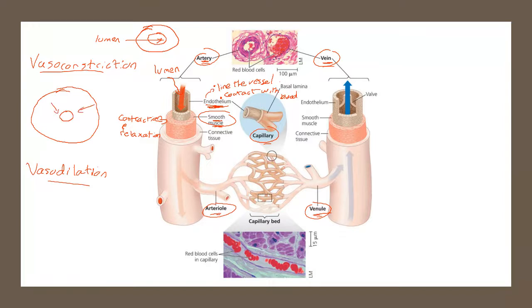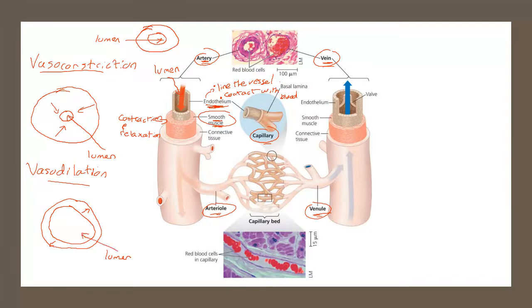Smooth muscle contracts, and it makes the lumen, guess what? Very, very narrow, which in a way causes an increase in blood pressure. What about vasodilation? What do you think it looks like? Did you say the opposite? Absolutely. Relaxation. What happens to the lumen?